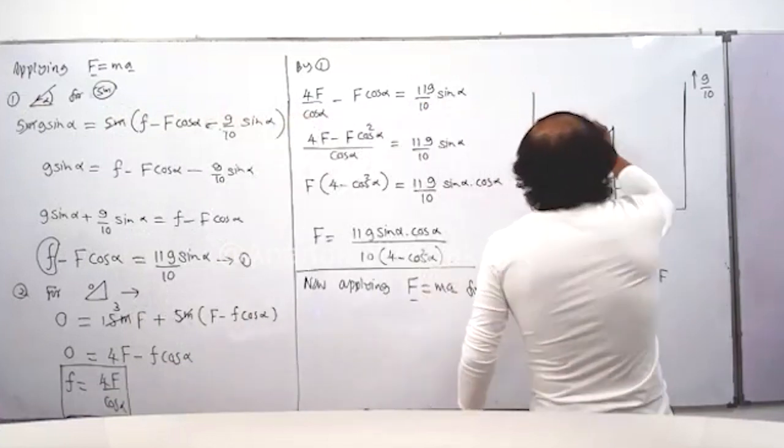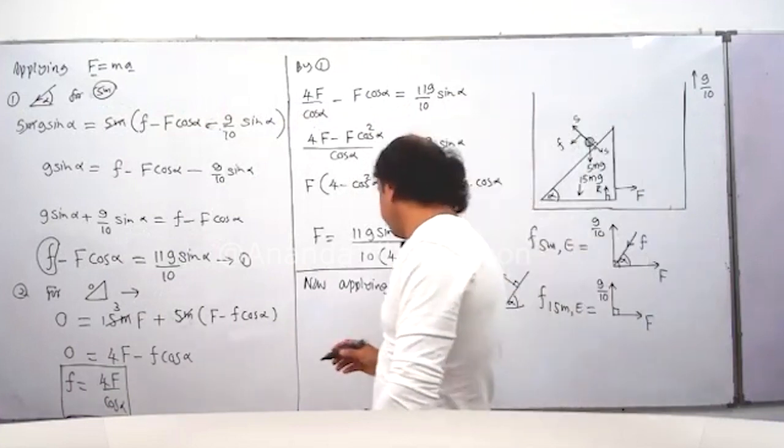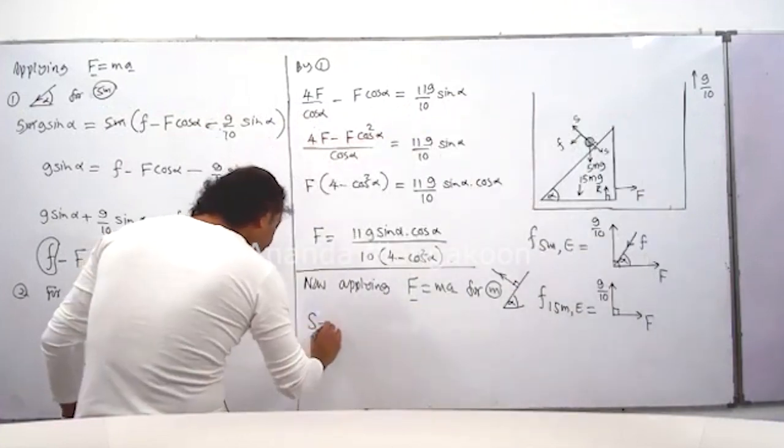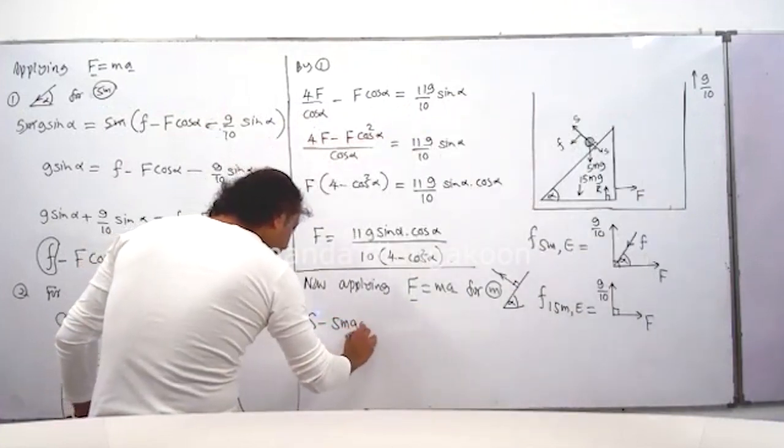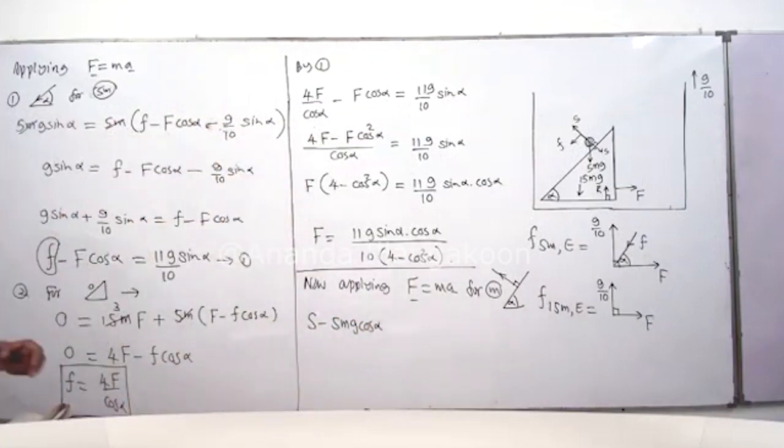This direction is S minus 5mg cos alpha. Correct, no? S is in this direction.